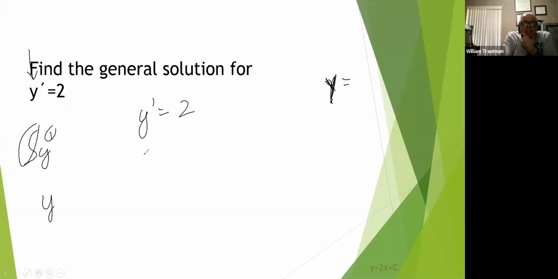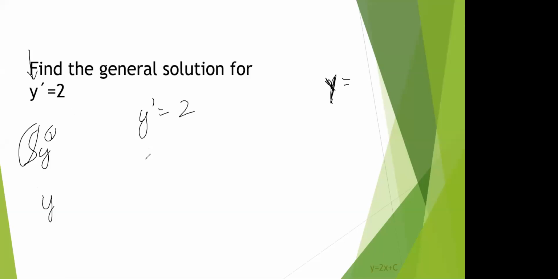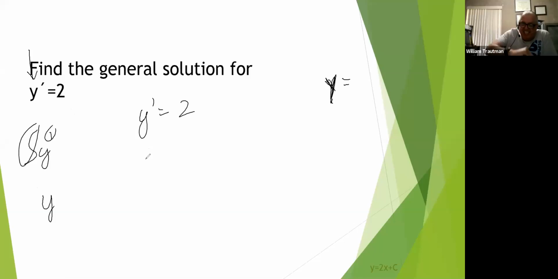Remember, step 1 says add 1 to the power of the variable. Is there a variable with a power? No. There is. You just can't see it. Good. I was waiting for somebody to say no. You see how your teacher always sets you up for failure.